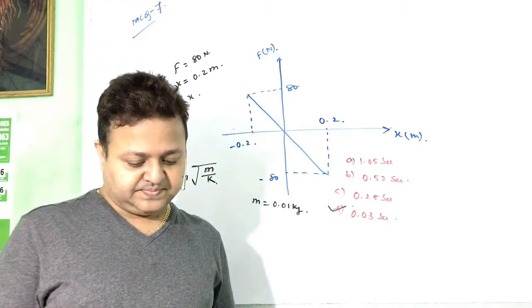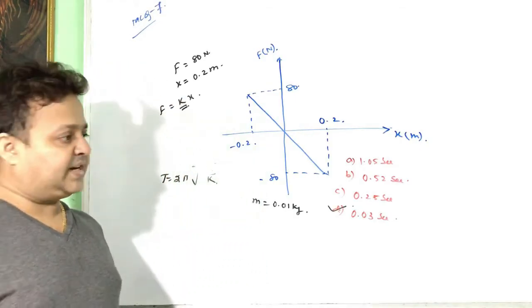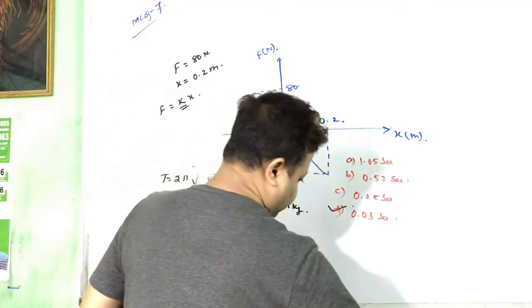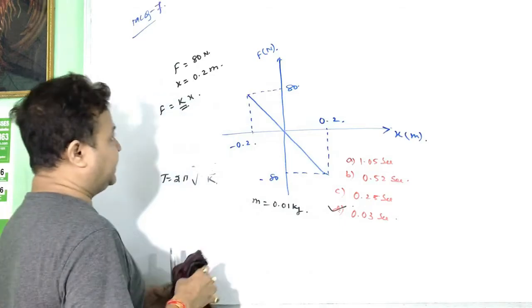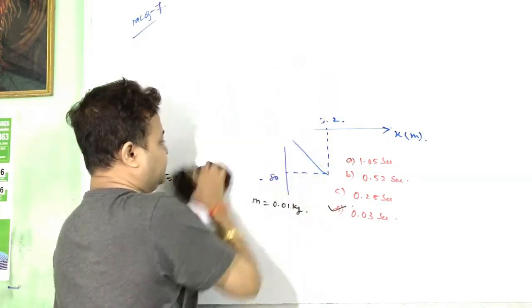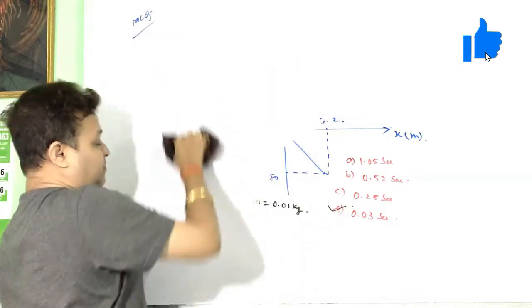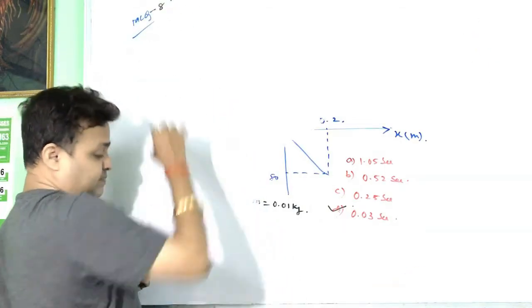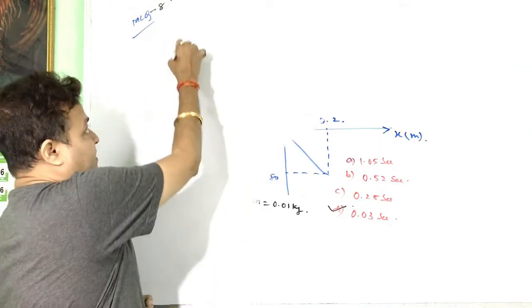A simple pendulum has a time period of capital T in air.